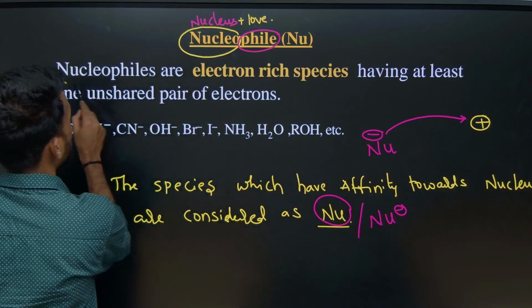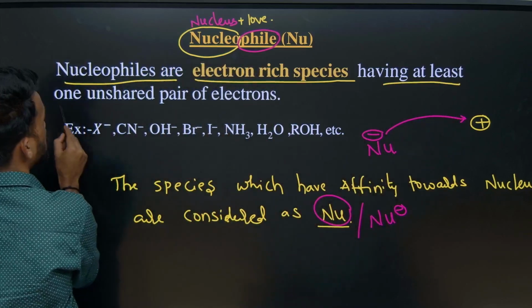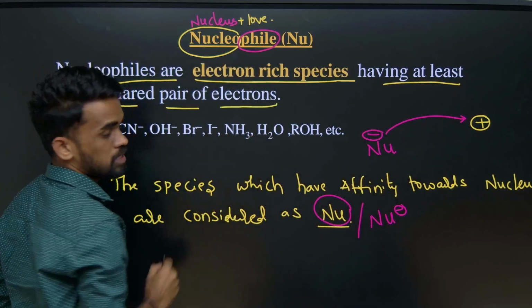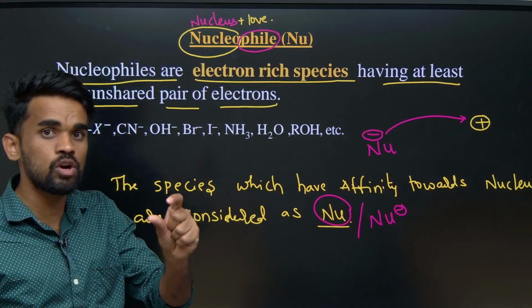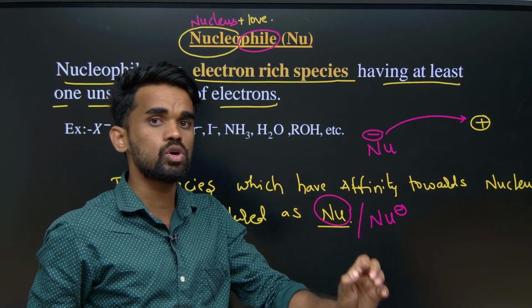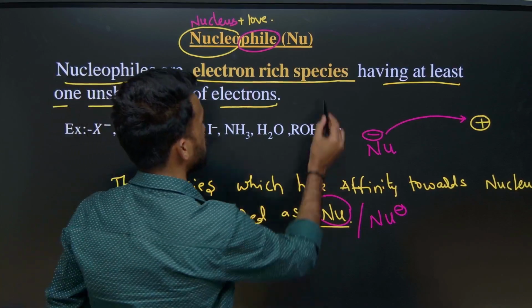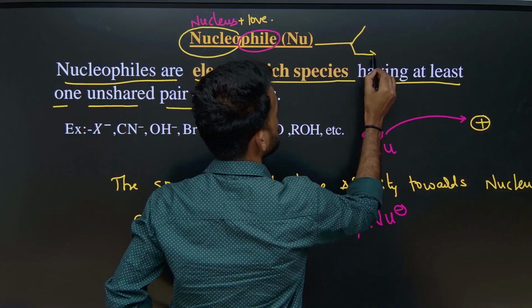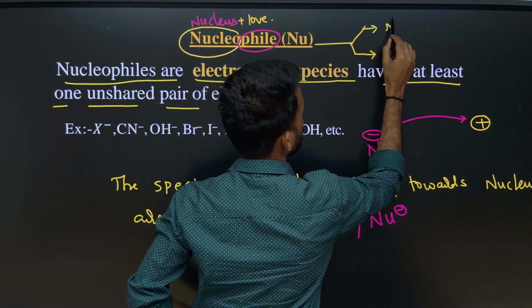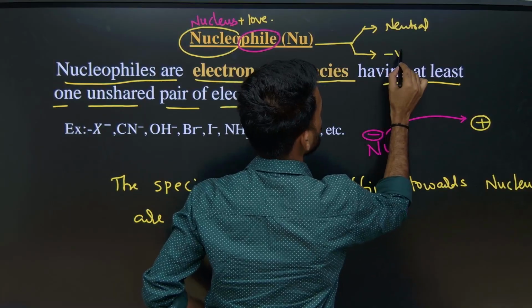Nucleophiles are electron rich species having at least one unshared pair of electrons on them. They should contain at least one lone pair or one unpaired electron, then we can consider them as nucleophiles. Nucleophiles are of two types, one neutral and the other negatively charged.